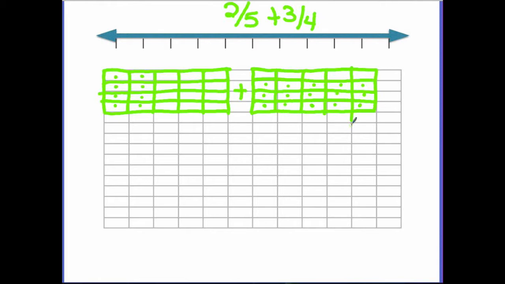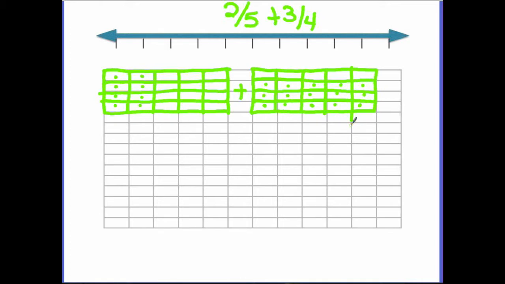Now, if you can't get your finger right in that little box for the dots that you've done, you could put an X. But what we're going to do now is take this whole thing and add it onto this. To do that, we're going to take the dots out of here, and for each dot we take out, we put it over here because we're adding it.